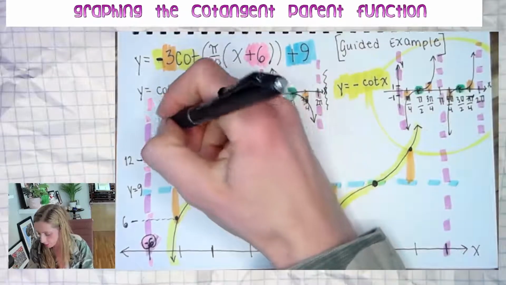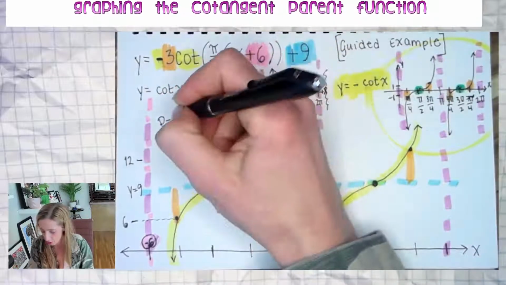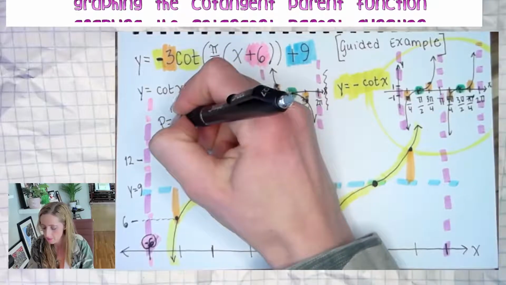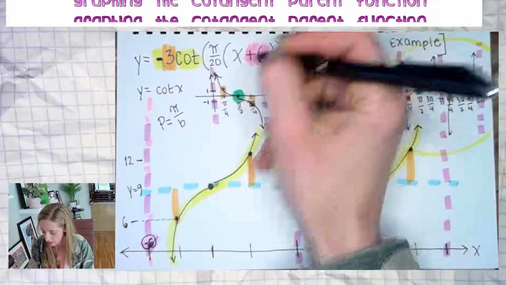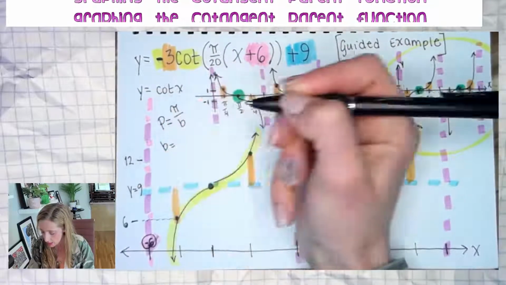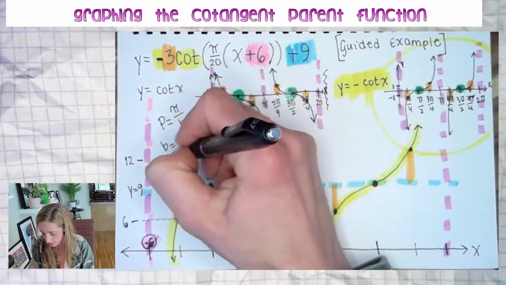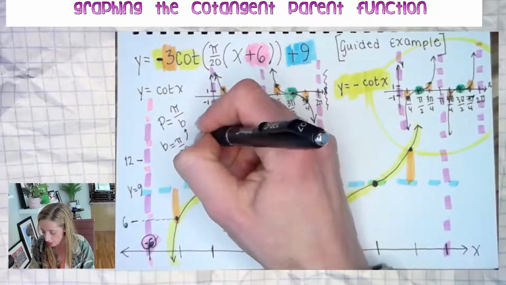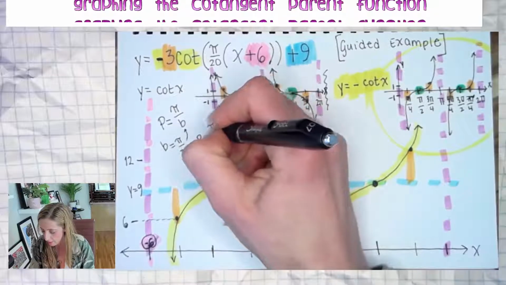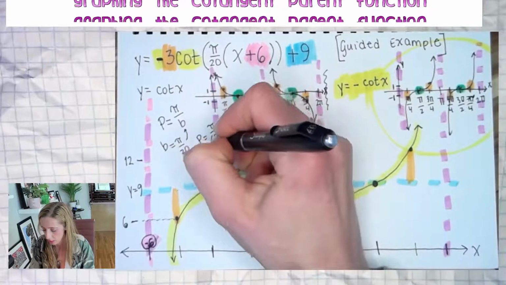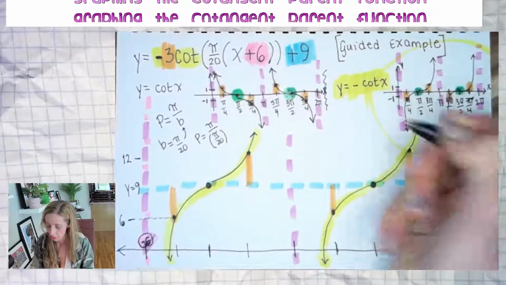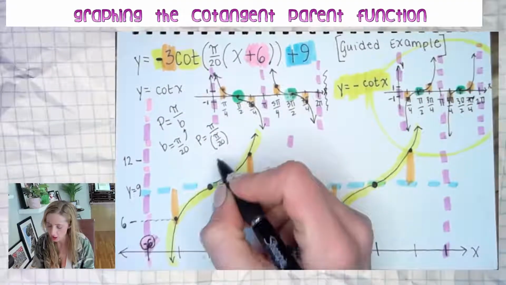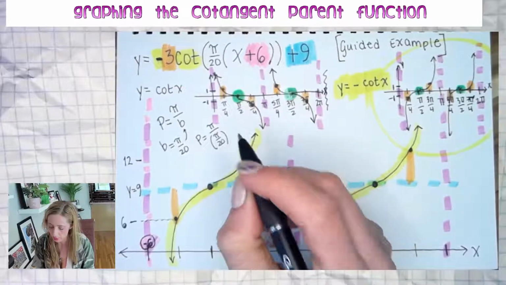Over here, I suppose, the period for tangent and cotangent is just pi over b. In this example, b is equal to pi over 20. If we fill that in for the b value, you'll get that the period equals pi over pi over 20. When we divide by a fraction, you multiply by the reciprocal.